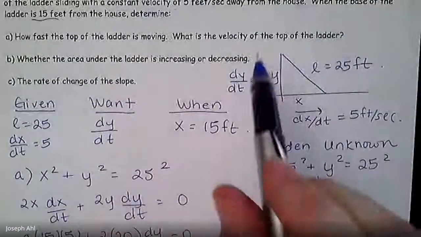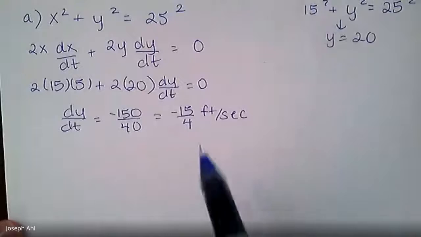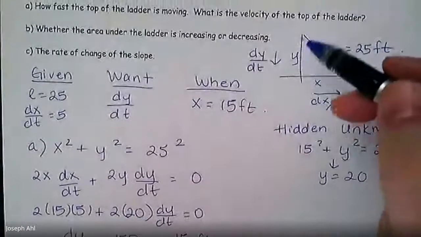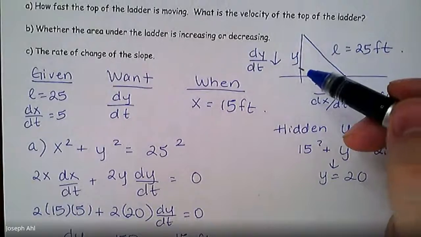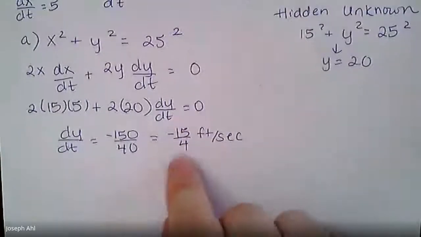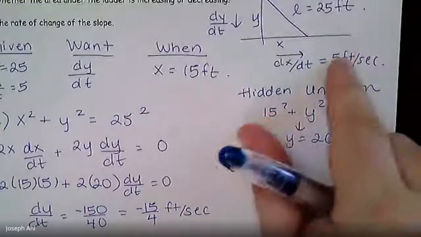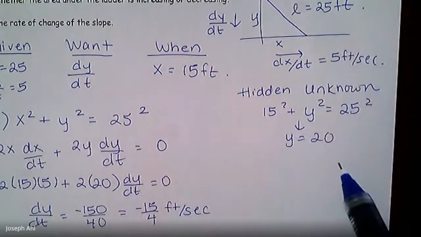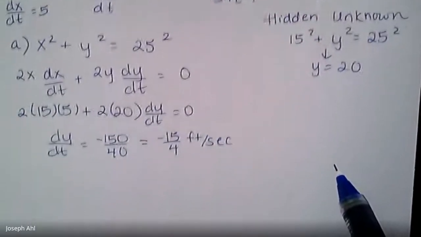It's the rate at which the ladder is moving down the wall. So it makes sense that that's negative because we're moving down the wall. And like we said yesterday, that rate does not necessarily match the rate at which the base of the ladder is sliding out from the wall, which is pretty weird, right?